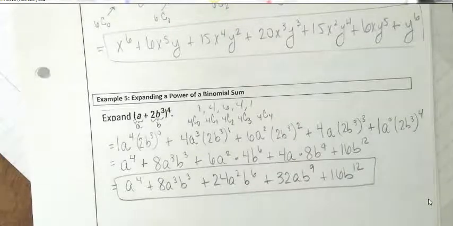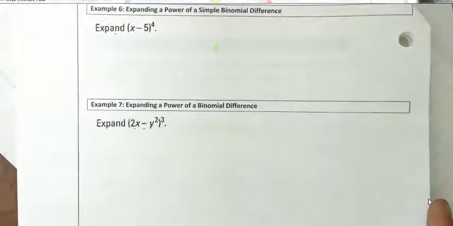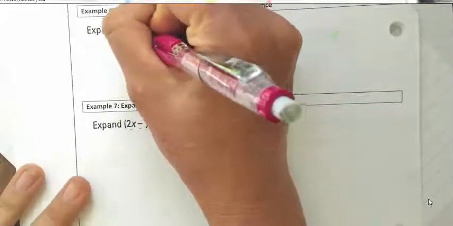Now let's do one with a subtraction sign in there. Same power. We'll just put a subtraction sign in there. That way you can see what's happening. All right, so I'm going to think of this: x is like my a. And then my b, actually I'm going to rewrite this.